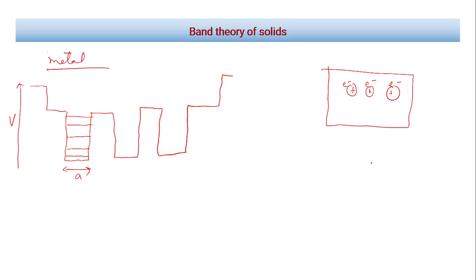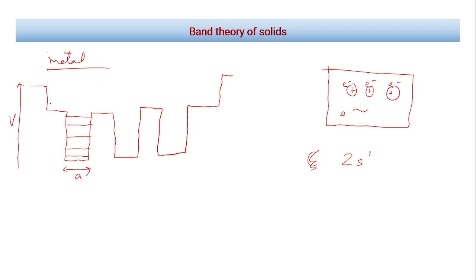Apart from valence, if I have, say, some metallic atom, the inner shell electrons will be bound. For those, this situation is valid, but the valence electron will be free to move around.